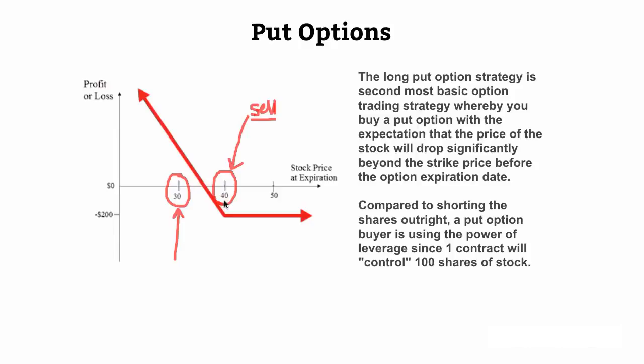Okay? The way that I always explain this is, let's say that you're a home builder and you're building a house for somebody. If you agree to build that house for them for $100,000, they agree to pay $100,000 for that home whenever it's done. So you're basically just entering into a put contract as a home builder. You've determined what price you're going to sell that home for, which is $100,000.